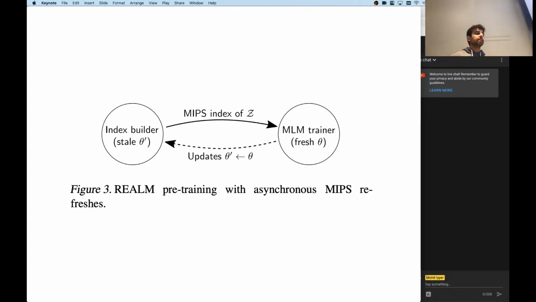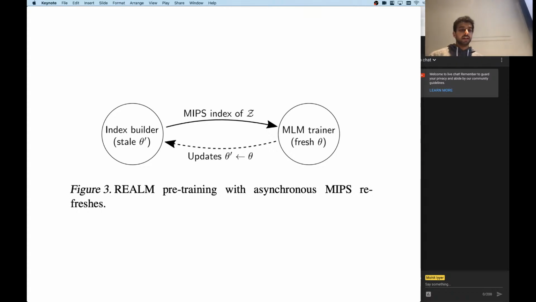Since this work, there have been many improvements over this process that have come out. Recently, there was this paper by, I think, DeepMind or Google called Retro that significantly expanded the size of the data store to a really big scale, and they showed that with a relatively small language model augmented with a huge retrieval data store, they can solve some tasks on par with or even better than GPT-3, which is, of course, a huge parameter language model with no external retrieval functionality.